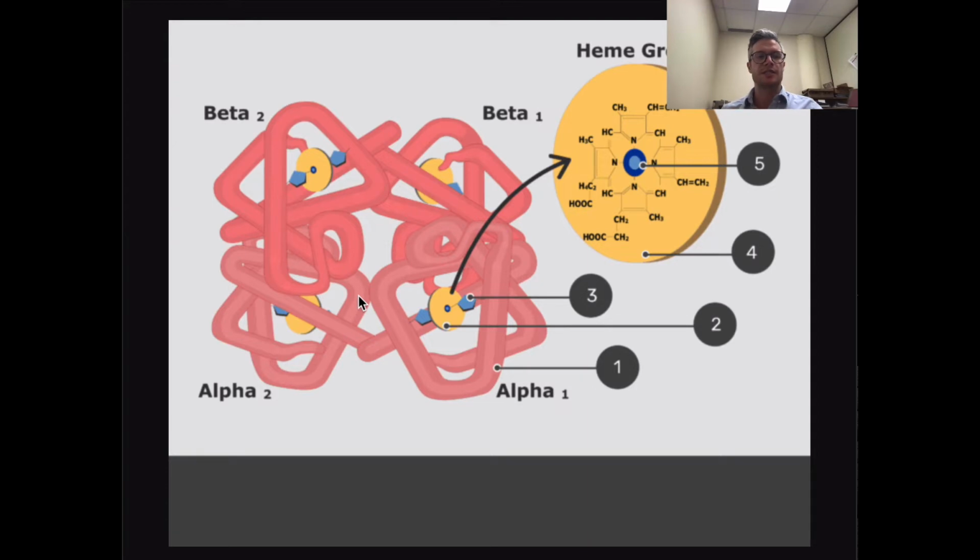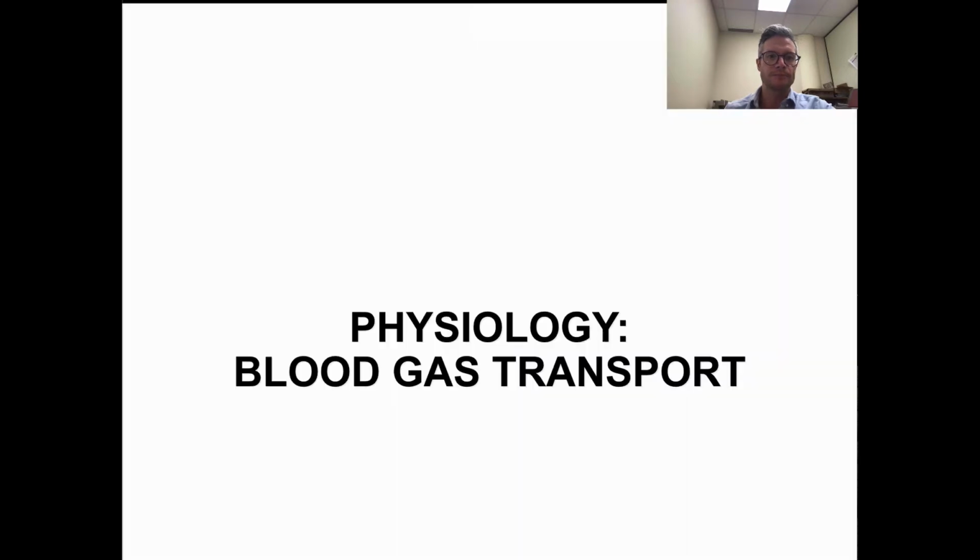So we see this increase, or cooperation, of increasing what's called the affinity of oxygen to the heme group in hemoglobin.